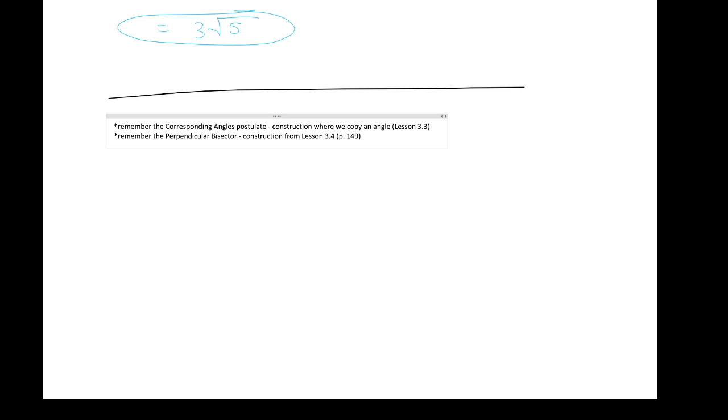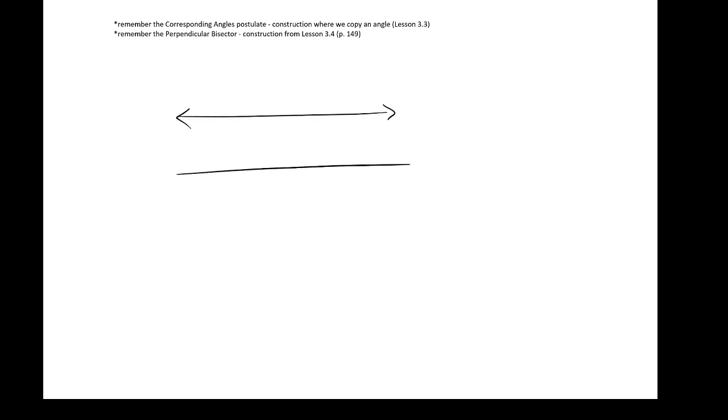Okay, so let's do a proof. A, B, and C. This guy's a right angle. Okay. These two lines are parallel.